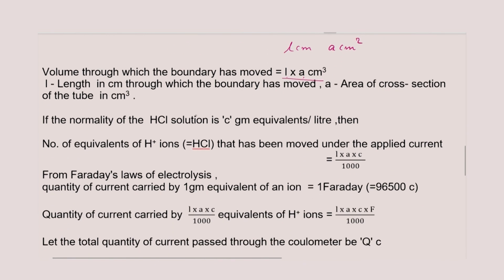If the normality of HCl taken in the tube is C gram equivalents per liter, the number of equivalents of H+ ions, which will be equal to the number of equivalents of HCl moved under the applied current, is given by the concentration C gram equivalents per liter and the volume of L into A centimeter cube moved.